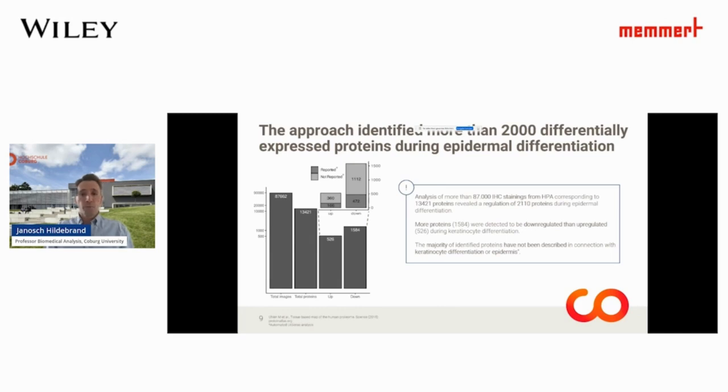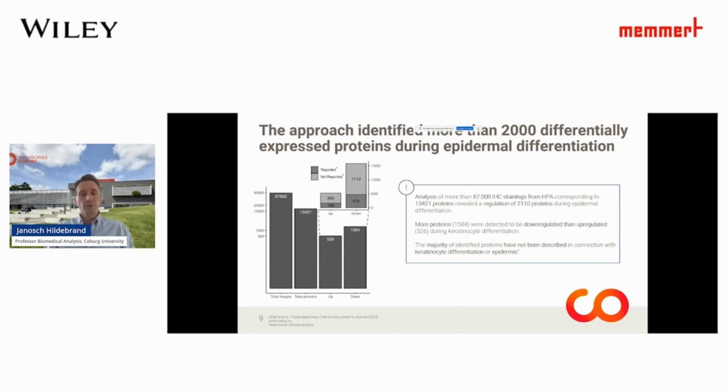Out of these, roughly 1,500 were downregulated and higher expressed in basal cell layers, and roughly 500 proteins were found to be higher expressed in suprabasal cell layers compared to basal undifferentiated cells.